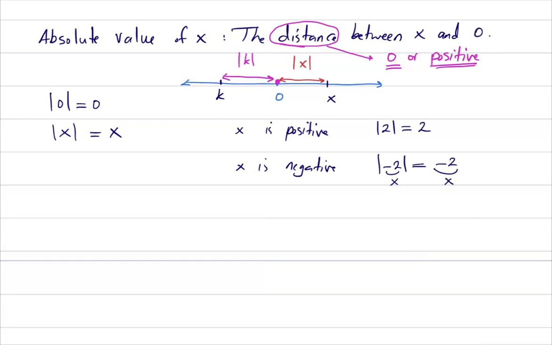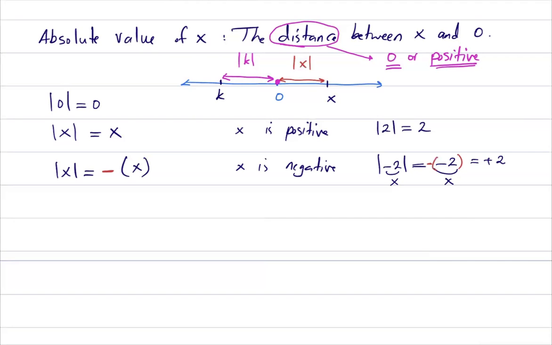You have to put a negative sign in front of it, to get a positive value. So since this is x, I'm going to put a negative in front of it. So the outcome is negative times negative, or positive 2. The distance is positive. So this is the idea of absolute value.